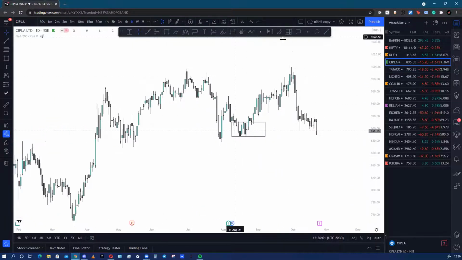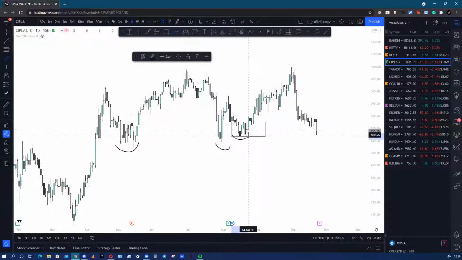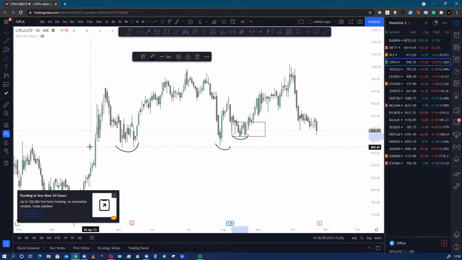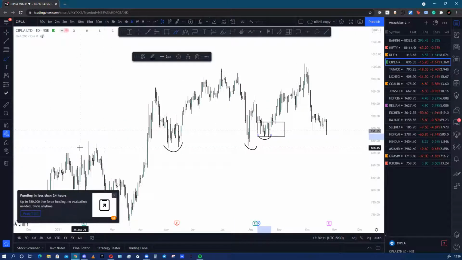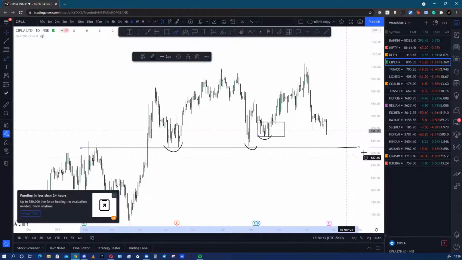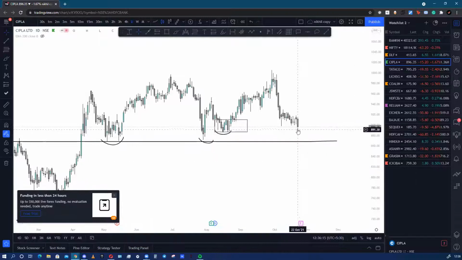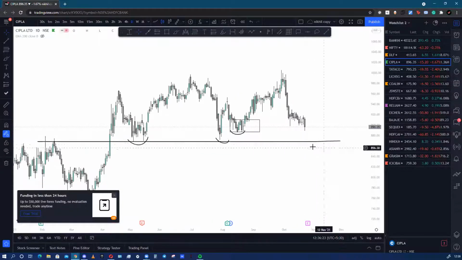Okay, there are two possibilities. Obviously, we have equal lows here, and we have liquidity here also. Okay, so if on Monday Cipla comes down and takes out that liquidity, then we can think of buying around 865.